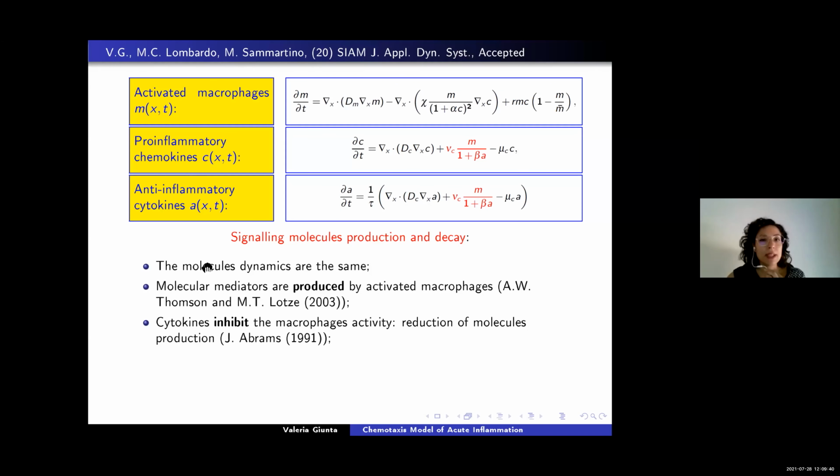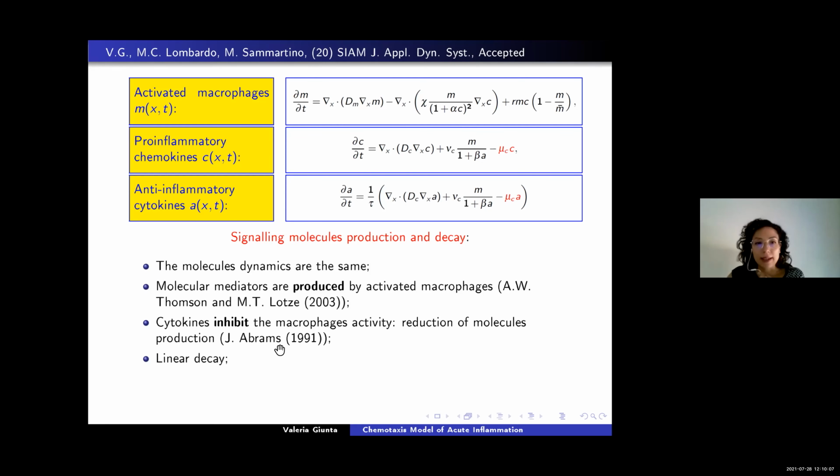The molecules dynamics are the same. They are both produced by macrophages, and the presence of the anti-inflammatory cytokines reduces this production, because the cytokine inhibits the macrophage's activity, and it has been observed experimentally that it results in a reduction of both molecules' production.